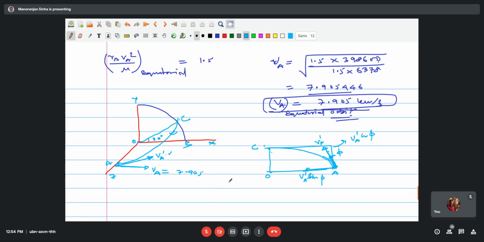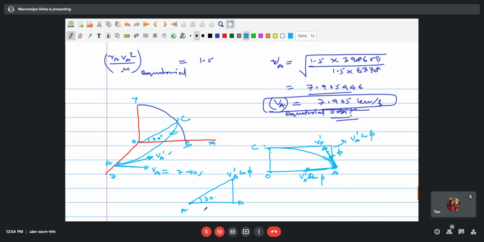And then look through this. This is point A, and this is your VA prime cos phi. And this angle is given to be 30 degrees.